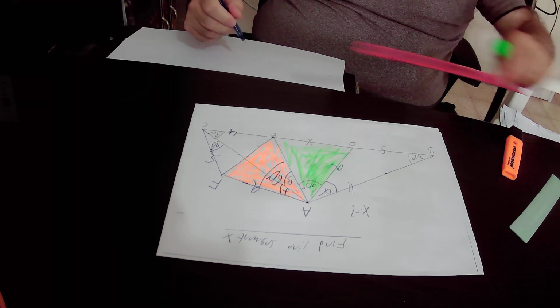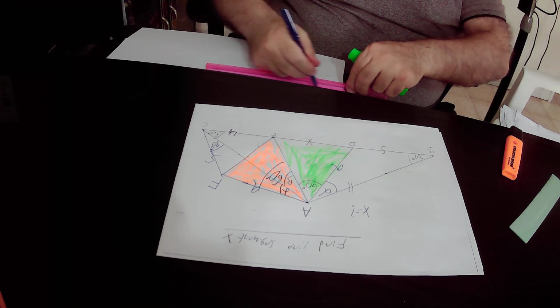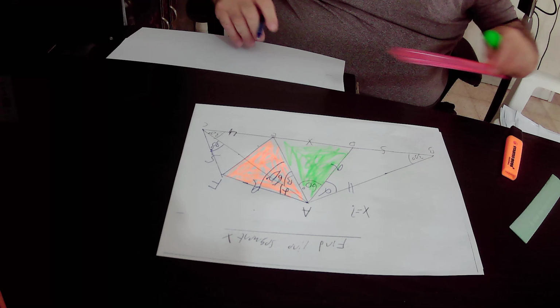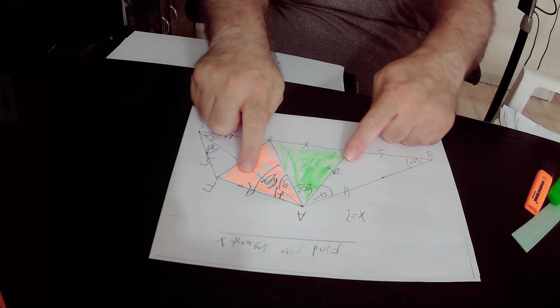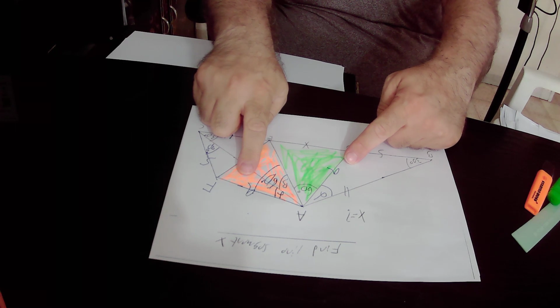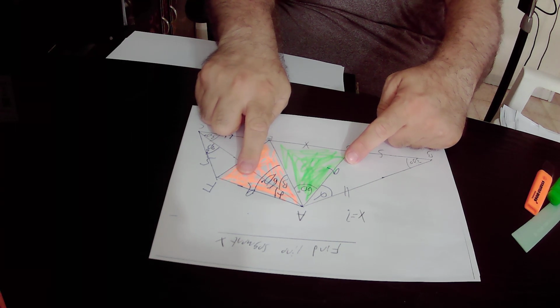So first of all, we just proved that those two sides are equal to each other. They are both equal to A, therefore they are equal to each other.